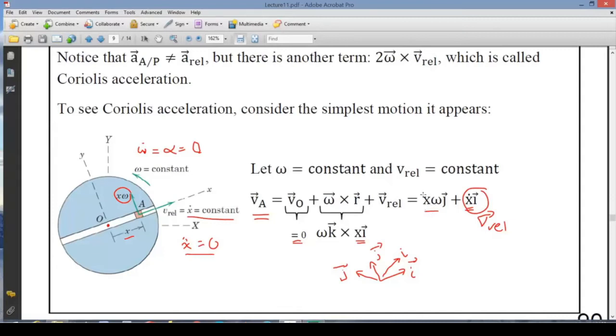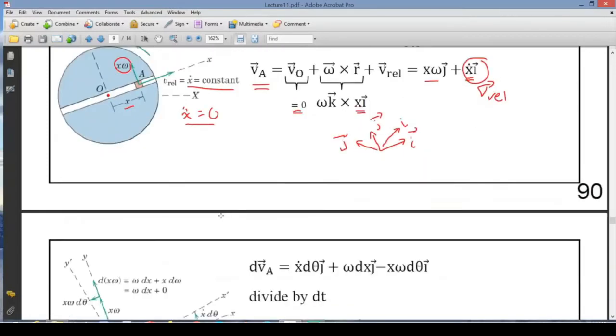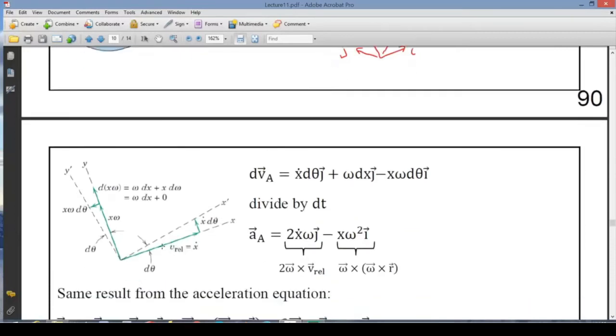X dot is defined, so we're going to end up with a change in the magnitude, and the change of the direction will happen because there is this omega and this frame is rotating. Therefore, j dot will also appear. So let's take a look at this drawing to understand these better. There's our two vectors. This is the v relative part.